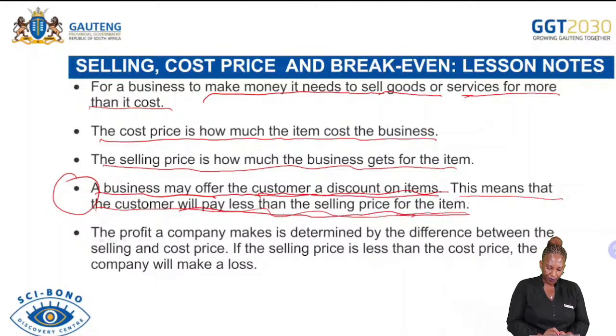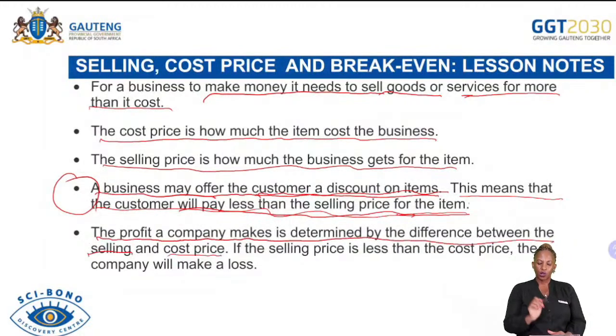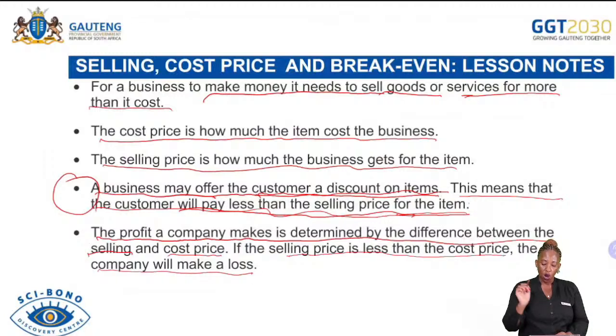Now the profit. We say the profit a company makes is determined by the difference between the selling price and the cost price. If the selling price is less than the cost price, then the company will make a loss.